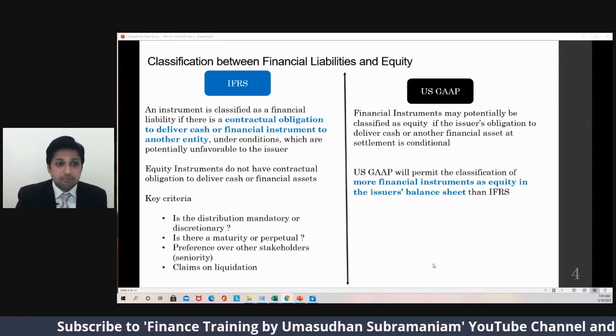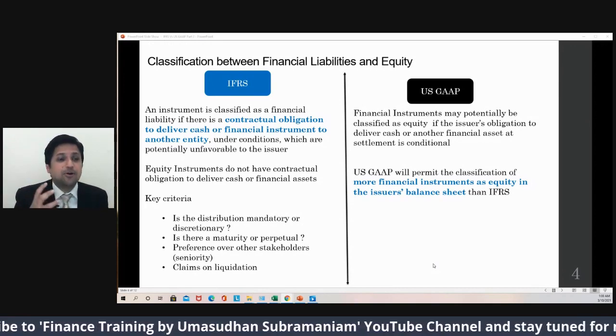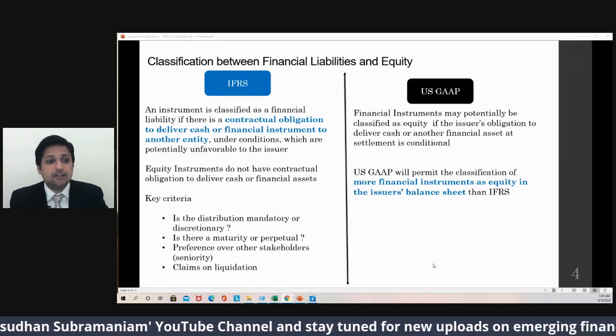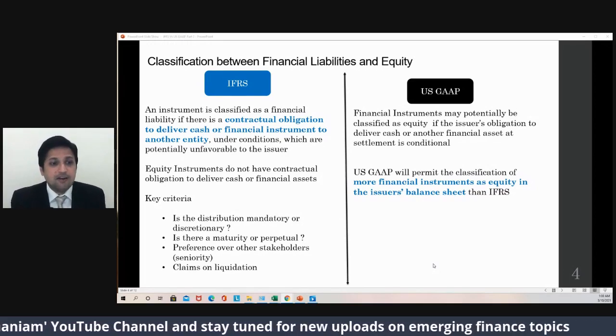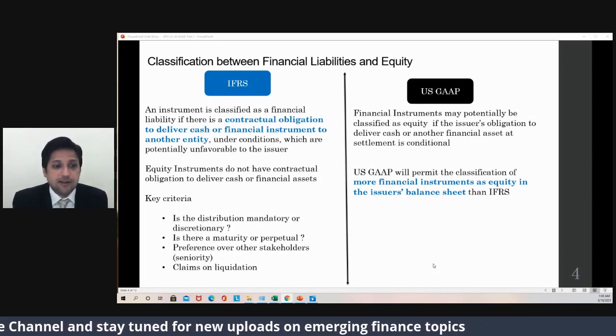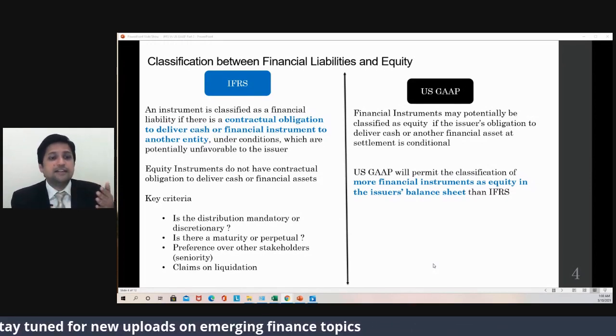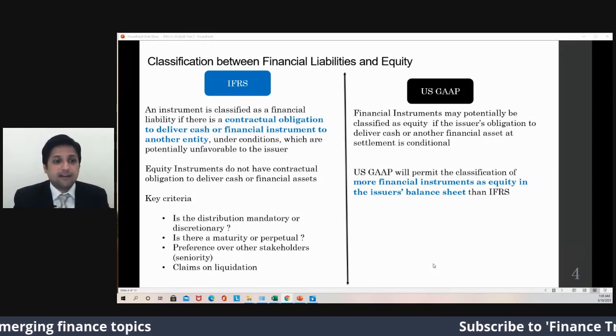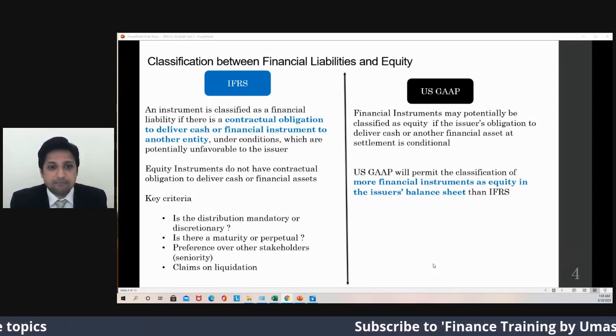It is also important to look at claims on liquidation. Equity instruments have the lowest priority when it comes to liquidation ranking, and most of the debt instruments rank better than equity instruments.